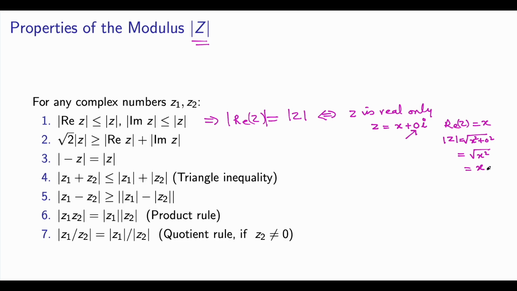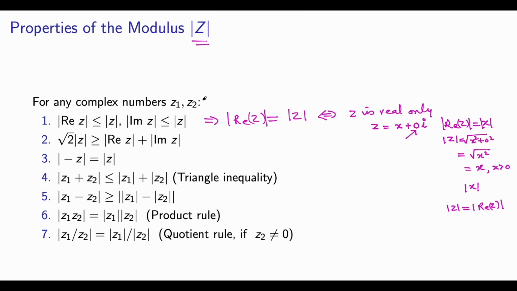And in that case your x must be positive, because you are going to take a square. So the modulus of this value is equal to the modulus of this value, right? You got my point or not? Modulus means positive value. So x greater than 0. So modulus of x you can write. And in that case, modulus of z is equal to modulus of the real part of z.